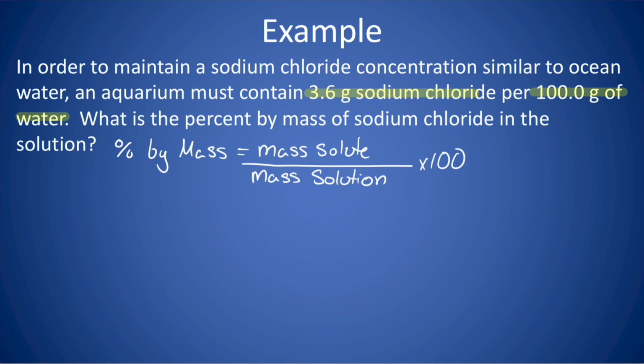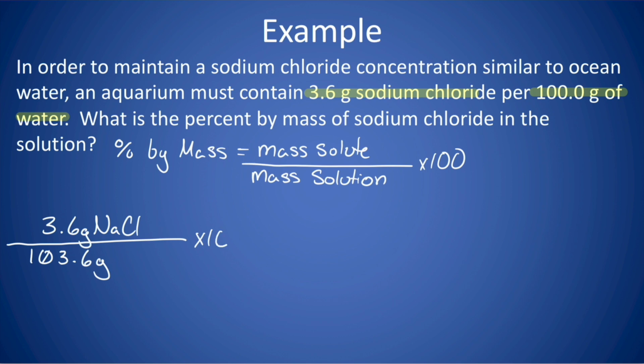Well, the mass of our solute is 3.6 grams of sodium chloride. The mass of our solution is going to be the combined mass of the sodium chloride and the water. So that's going to be 103.6 grams of solution. And again, times 100 to make it a percent.